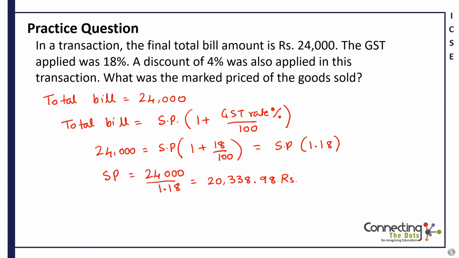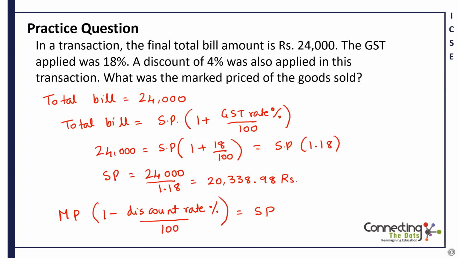Now how do we compute the marked price? Remember, selling price is obtained after reducing the marked price by the discount amount. So we can use the relation marked price multiplied by 1 minus discount rate. This basically says that when you reduce the discount amount from the marked price, you get the selling price.